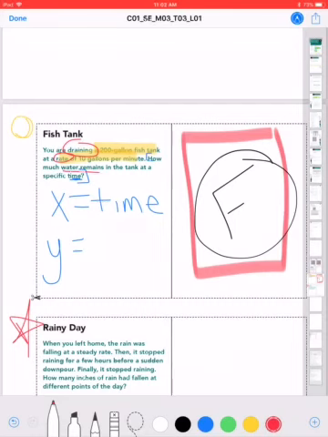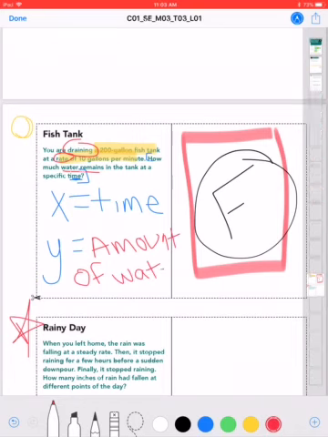So we'll just put amount of water. Okay, so we have time and amount of water.